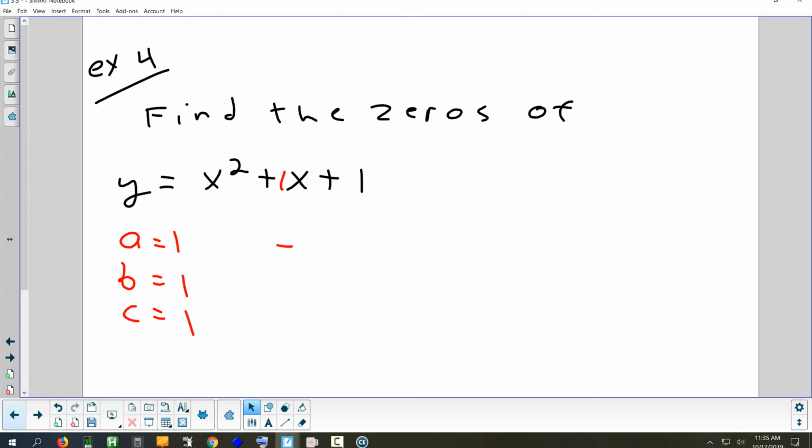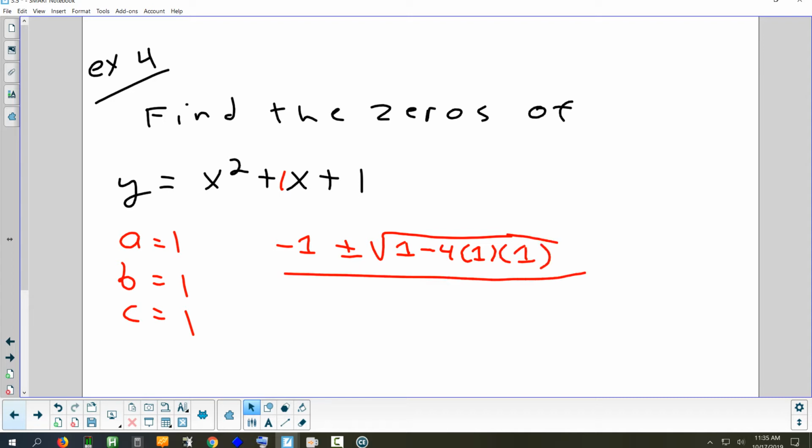So let's solve it. Negative B plus or minus the square root of what comes next? B squared, yep. Then? 4AC all over 2 times A, which is just 2.